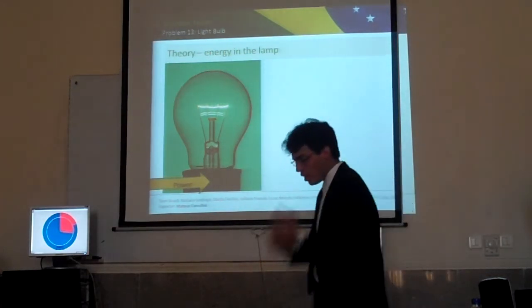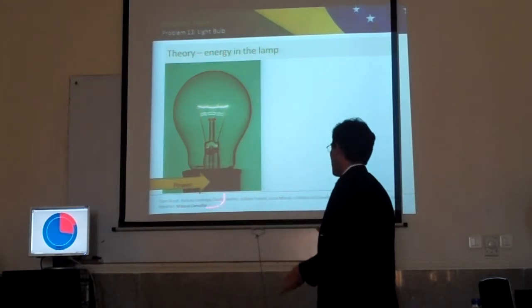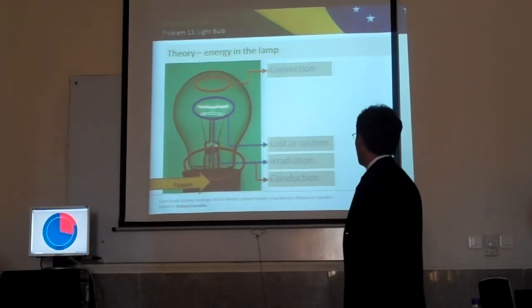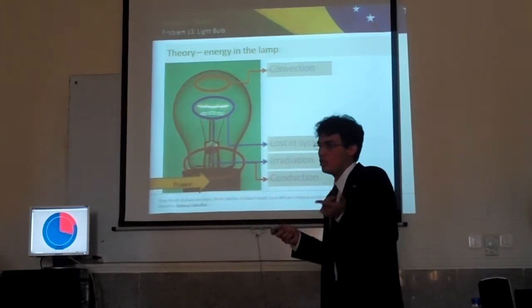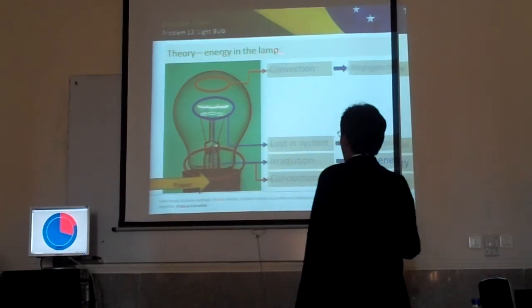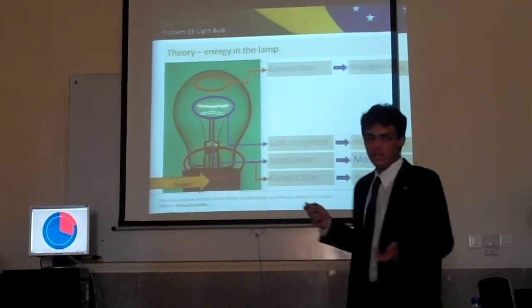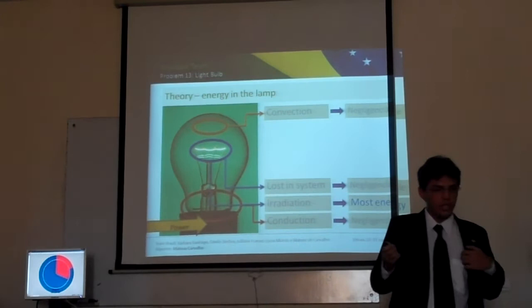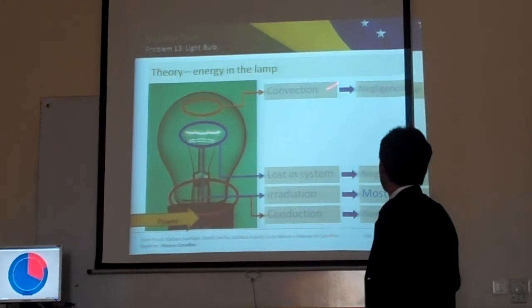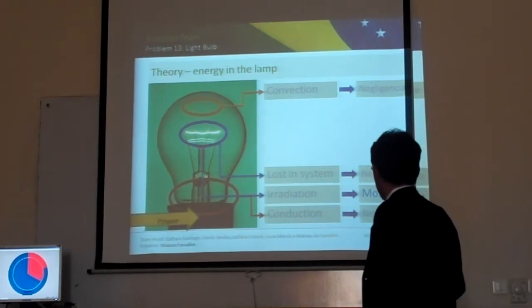So you have a lamp, and it receives power. There will be dispersion by conduction, irradiation, loss in the system, the tungsten filament, and convection in the gas. But the gas is low pressure and inert, so the convection is negligible, and the loss in the system is negligible too.